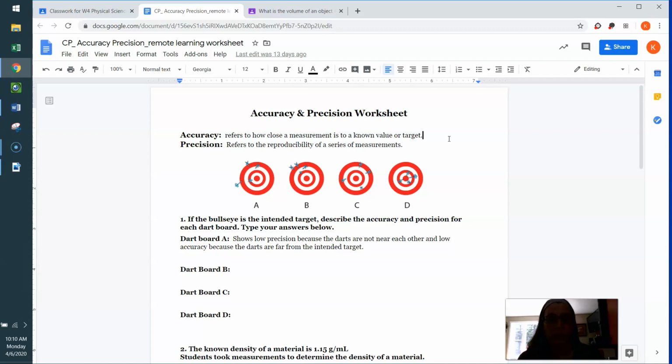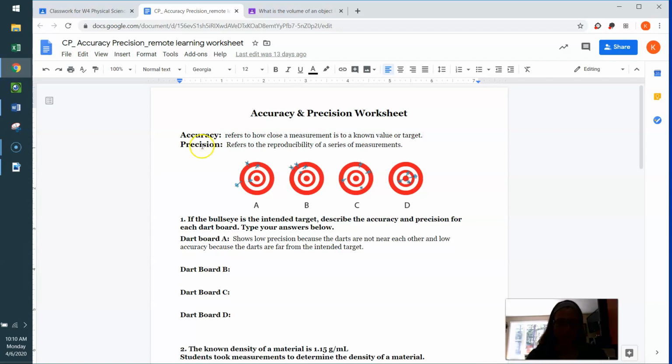So if I'm throwing darts at a dartboard, I have to know where I'm throwing them in order to determine the accuracy of my throws. If I'm looking at data, then I have to know what the known value or the expected value was in order to figure out how accurate my measurements were.